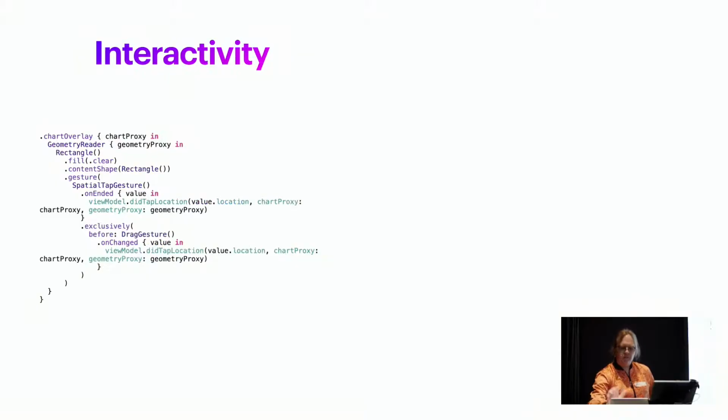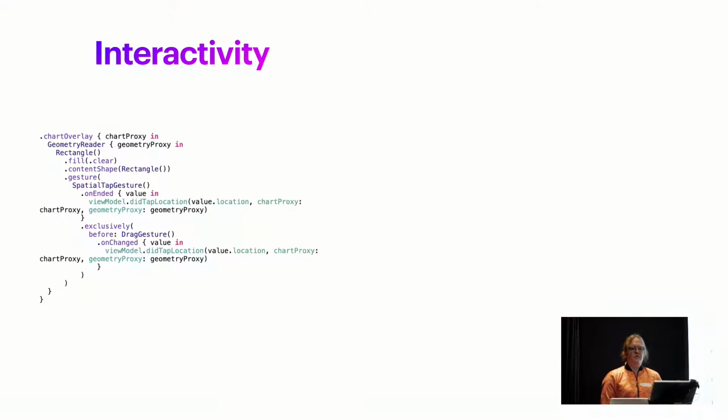Let's keep going. What happens if we want to make this graph interactive? So with Swift Charts, we have a function that can be called, which is our chart overlay, and for that we can get our points of interaction. To do this, we get Geometry Reader.